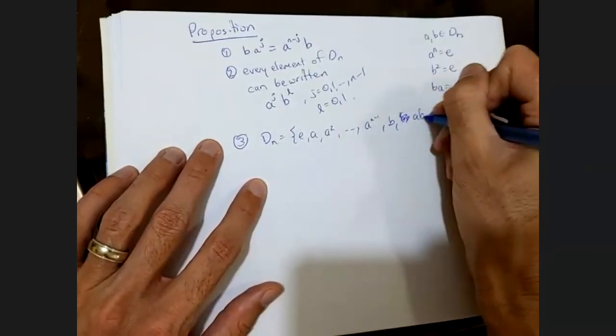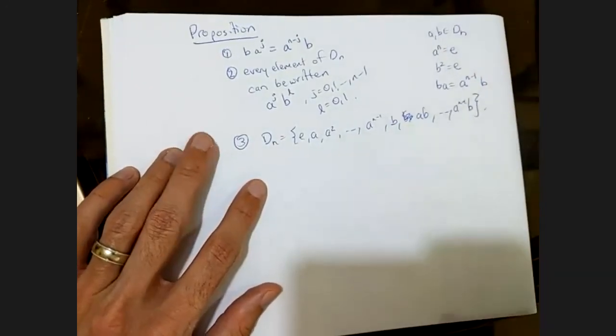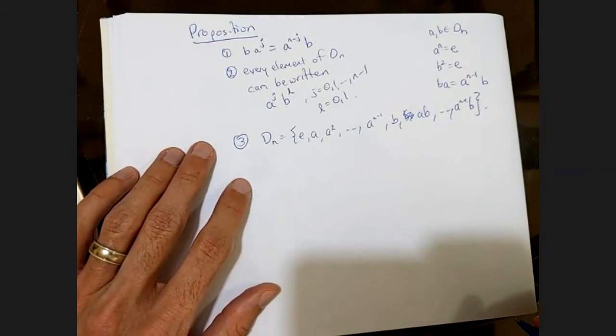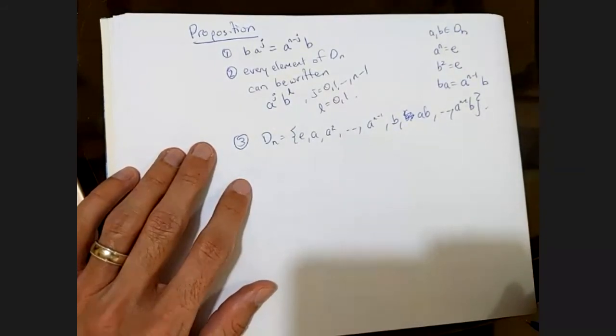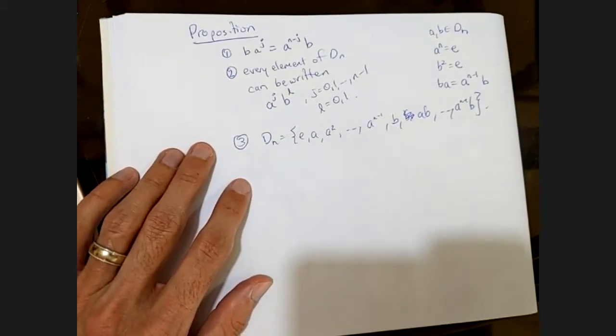B, A, B, A to the n minus 1 B. And that is enough for us to figure out how to multiply in Dn well enough. Okay, so that's Dn.